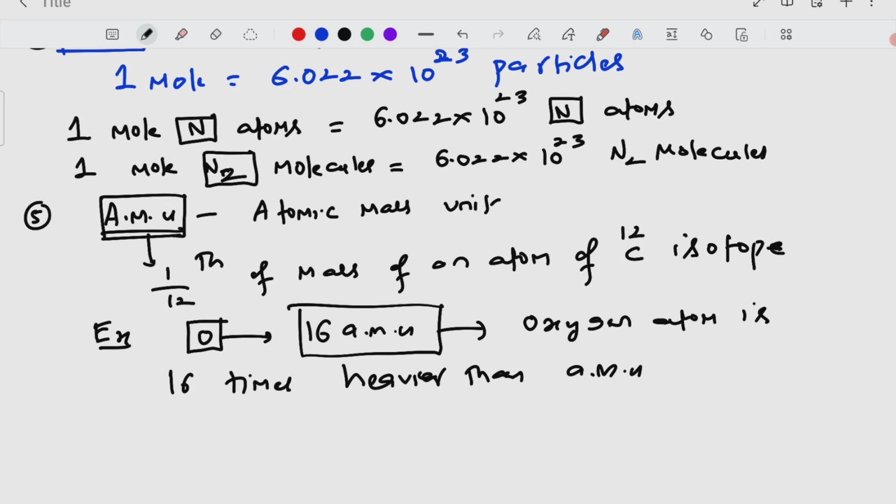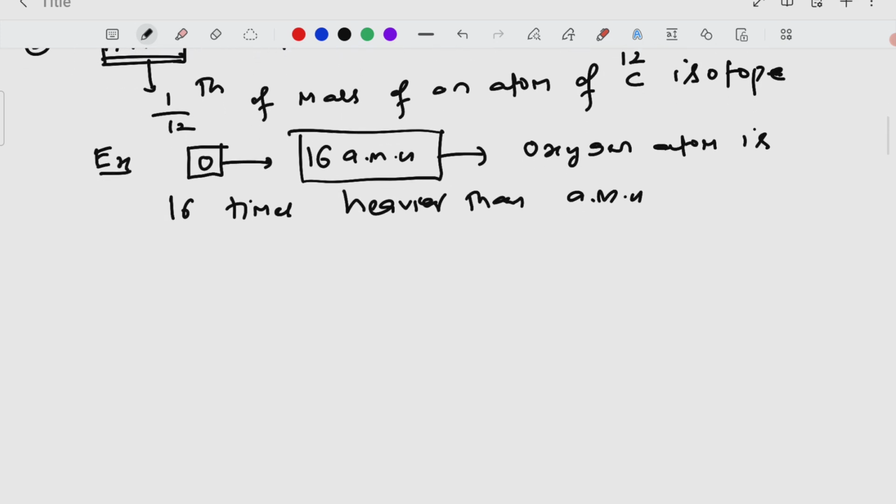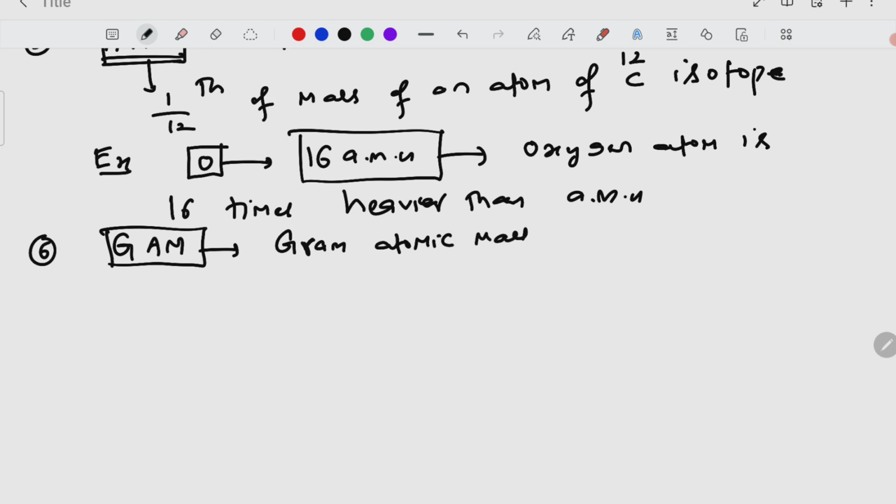Let us see further. Gram atomic mass, in short we can refer to it as GAM. So what is gram atomic mass? Gram atomic mass is equal to the mass of 1 mole of atoms.